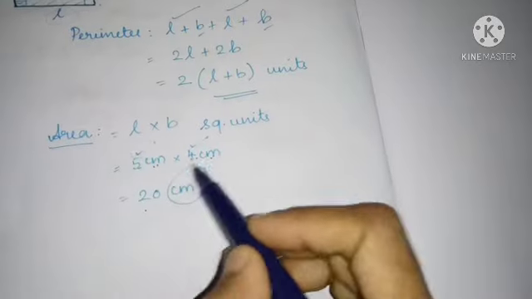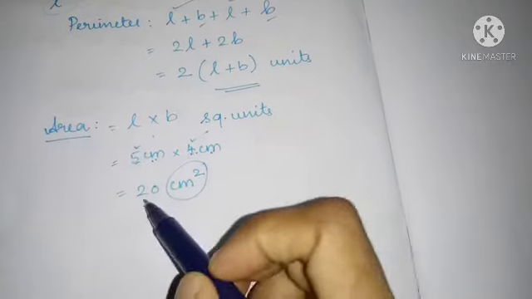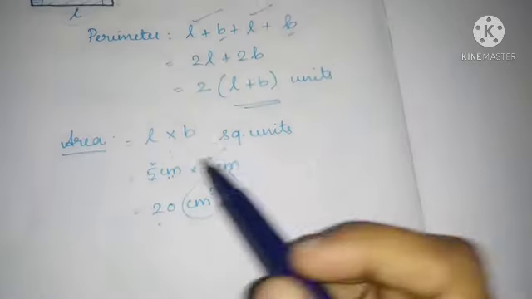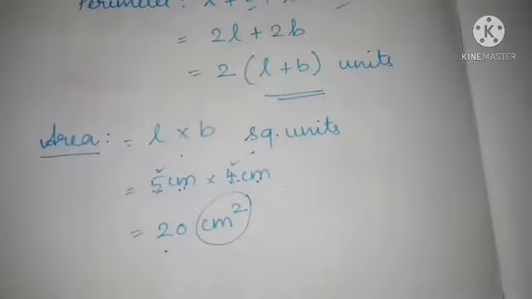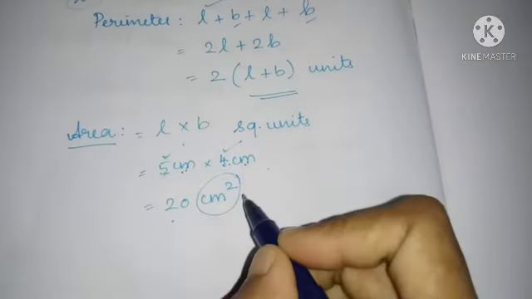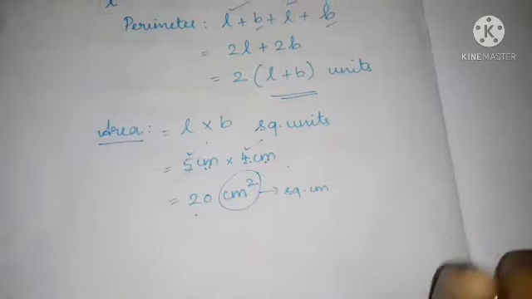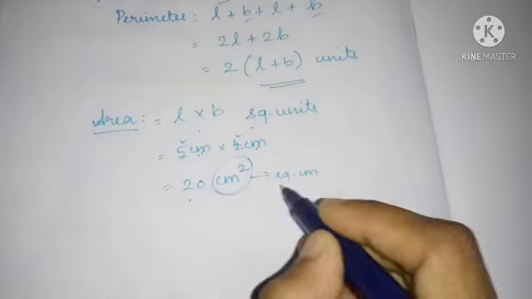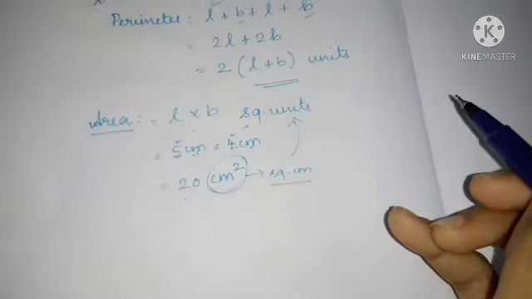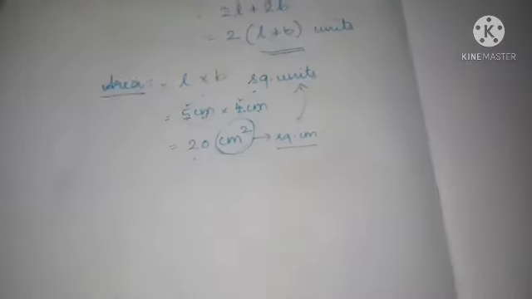Magnitude means these numbers. That we have multiplied and we got 20. And centimeter into centimeter I have multiplied, so I got centimeter square, that is nothing but square centimeter. So actually your unit is in square units. So always area will have square units.